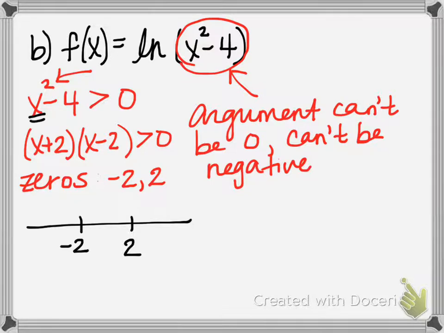You could do that by actually testing values, choosing a number smaller than negative 2, let's say negative 3, a number between negative 2 and 2 like 0, and a number greater than 2 like 3. And we could take these test values and test them in x squared minus 4 to see whether they give us positives or negatives.